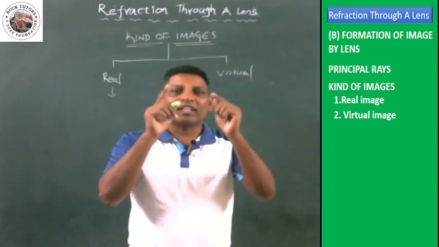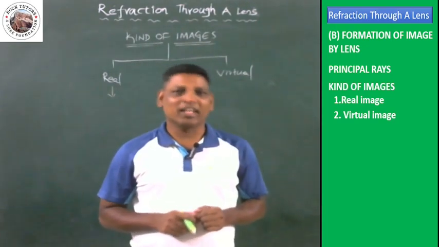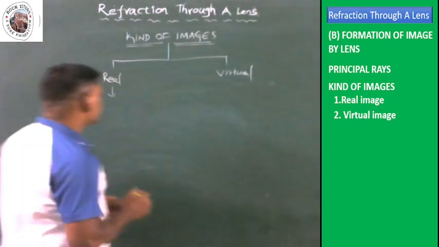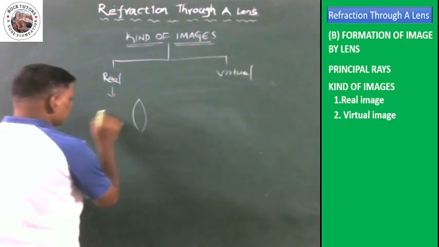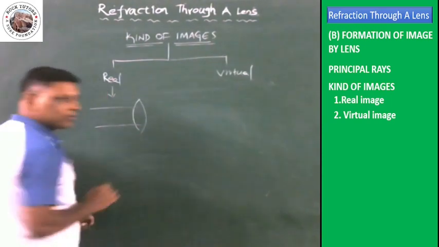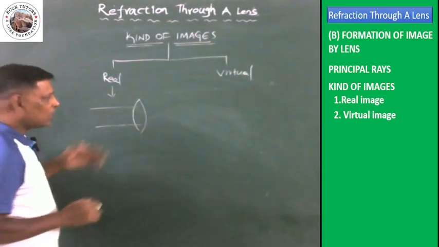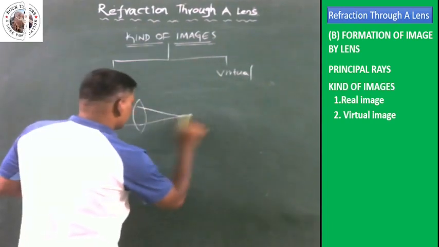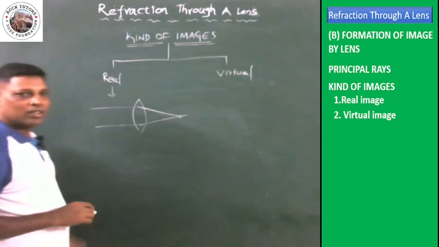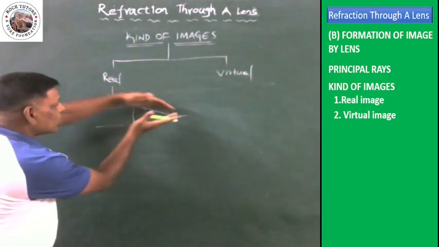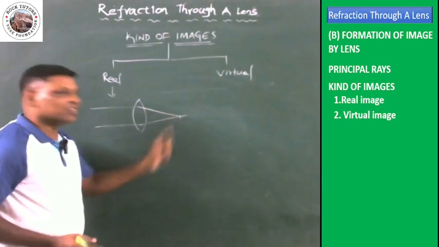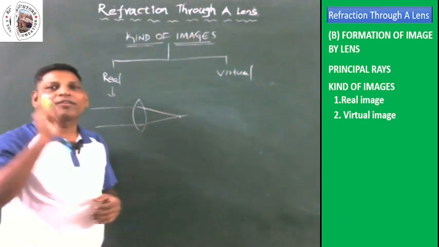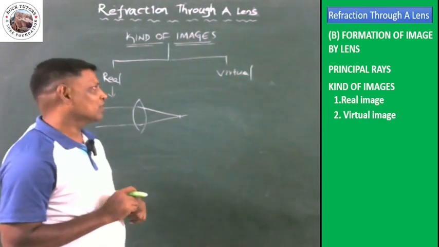Suppose in a convex lens, the rays are incident on the surface and after refraction they meet here, and the image forms. The rays are really meeting, so this image is called a real image.